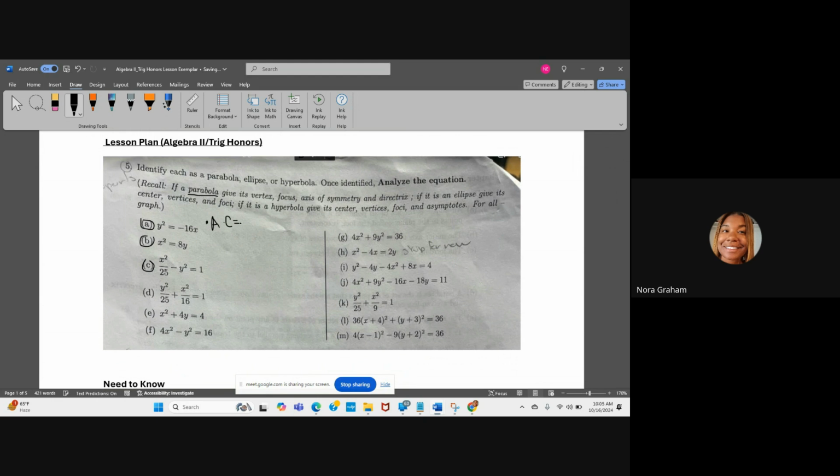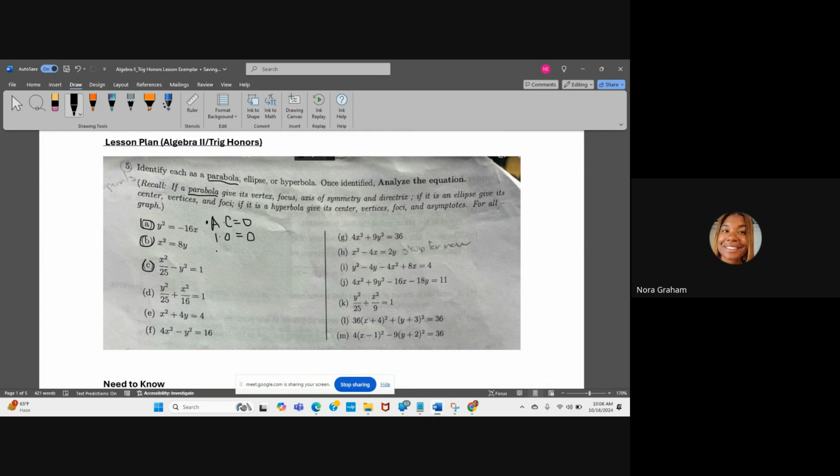My A and my C are my coefficients of my y squared and my x squared. My y squared coefficient is 1. I don't have an x squared coefficient, so that's 0. So 1 times 0 is 0. That checks off. It's going to be a parabola for A.